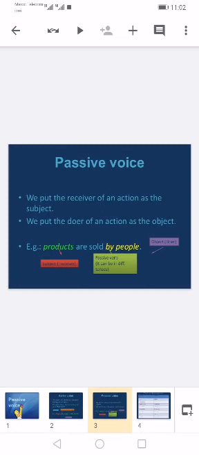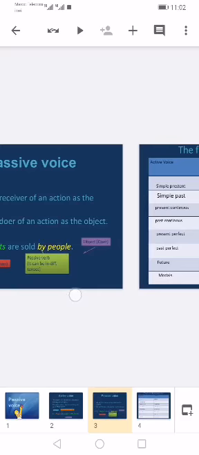So the focus is put here on the object, and we start from the object. This is the main aim of the passive voice: to give much more attention to the object, and of course less attention to the doer of the action, or the subject.